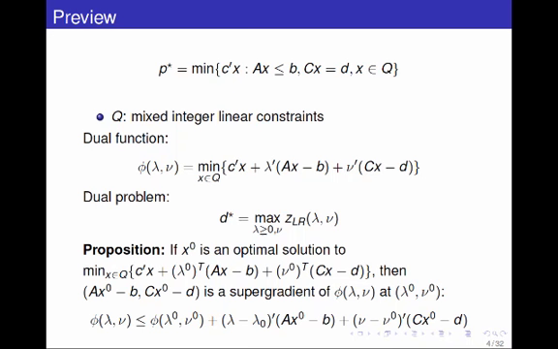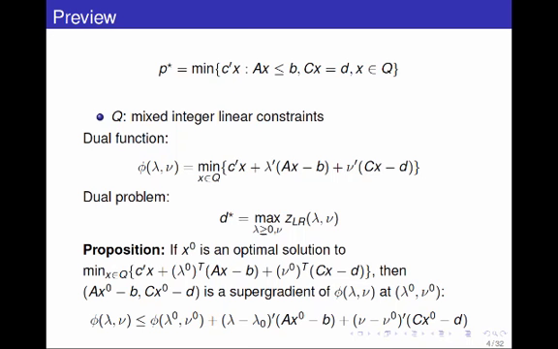And so we've seen this before, the definition of a dual function. The motivation in this lecture will be that we will take this large problem and ignore some of the constraints that make it large.